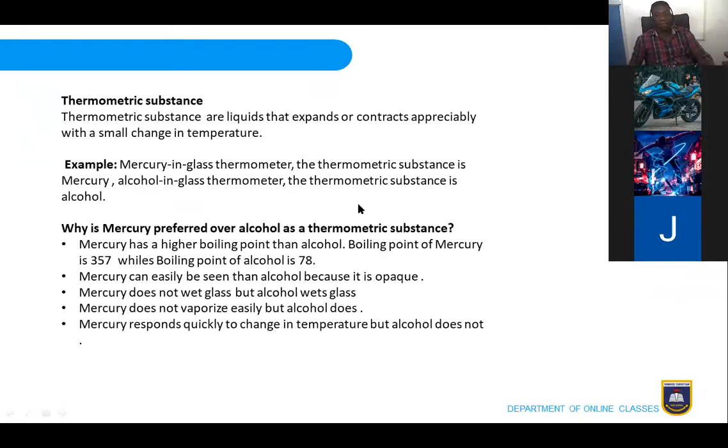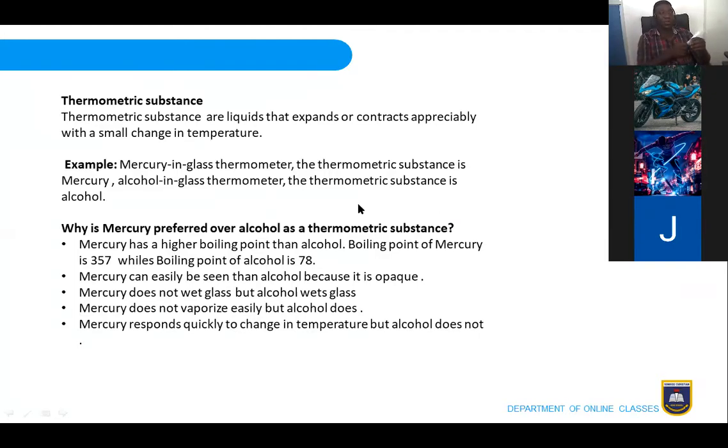So when we talk about thermometric substance, we are basically talking about, if you look at all the thermometers, they all have liquid inside. That liquid is used to determine the temperature of any substance.